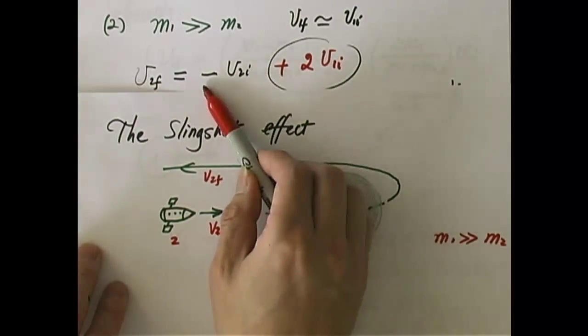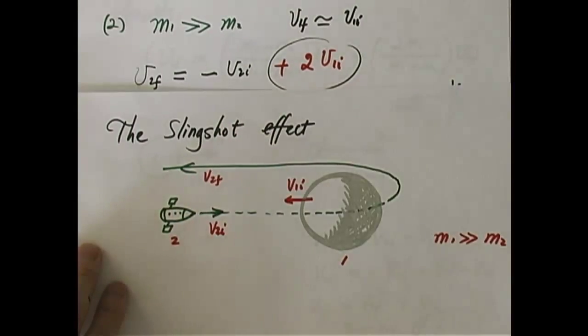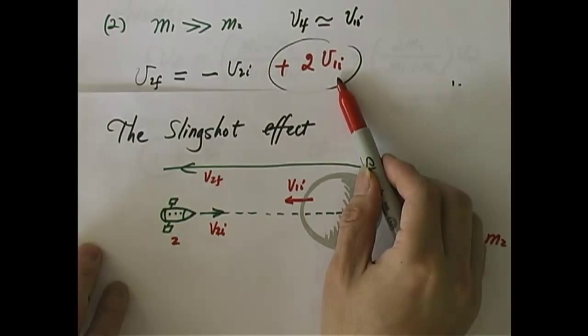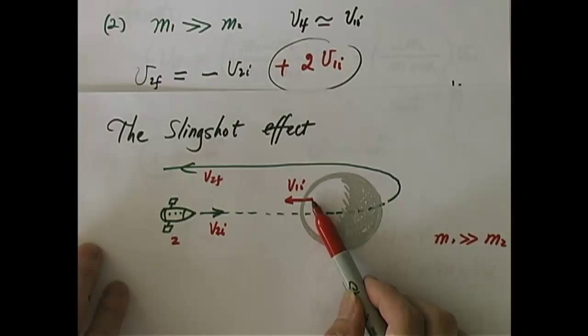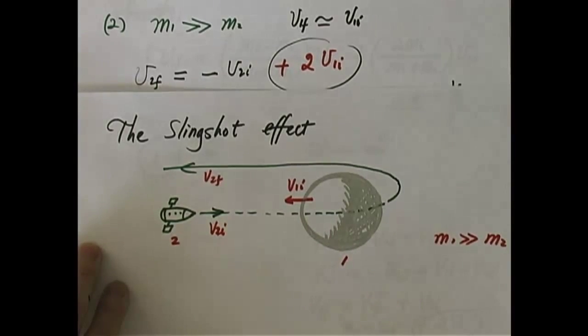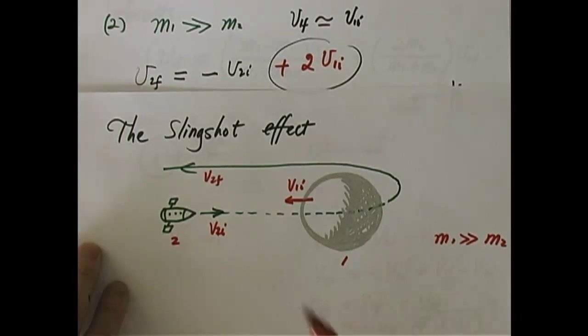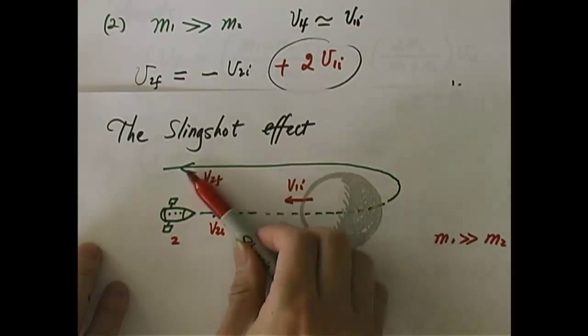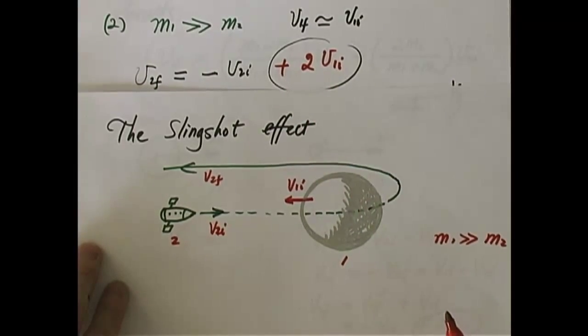Not only will it gain all its initial speed back with a reverse direction, but also it's going to pick up this extra term, 2 V1 initial. In other words, it's going to gain twice the speed of the moon going this way. And the moon has to be moving towards the Earth. So therefore, with that slingshot effect, going back, you're going a lot faster than before you picked up this additional term from the motion of the moon.